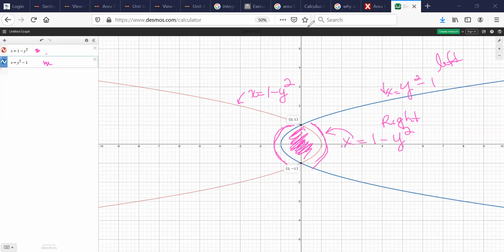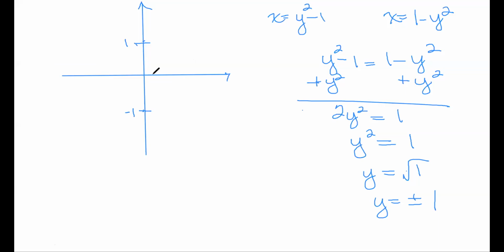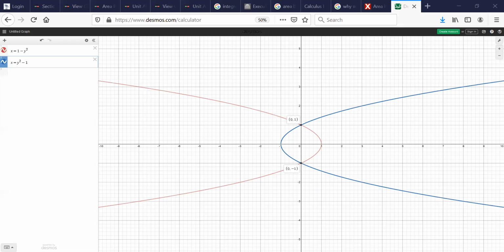So let's go back to the board. Remember how we said this. We said that it's going to be the integral from A to B of whatever's on the right minus whatever's on the left, dy.